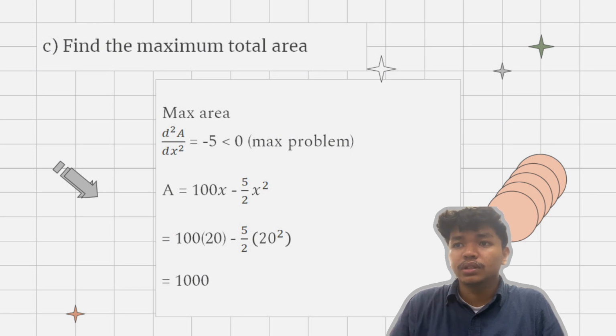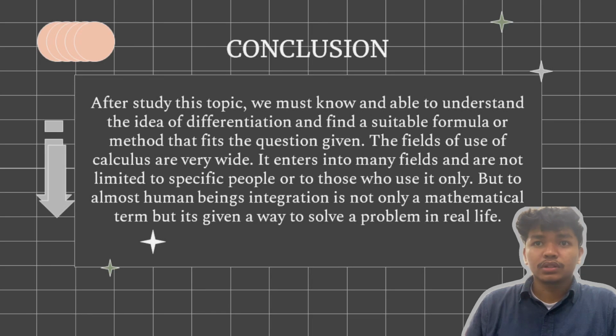When x equals 20, 100 multiplied by 20 minus 5 over 2 multiplied by 20 squared. The answer is 1000.